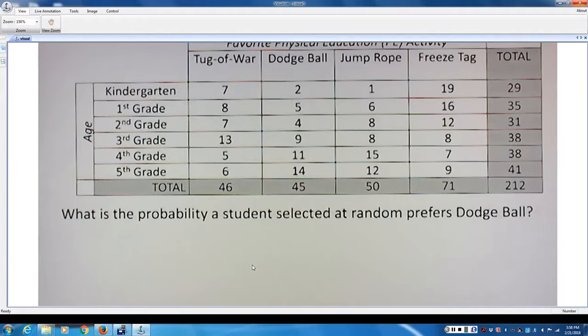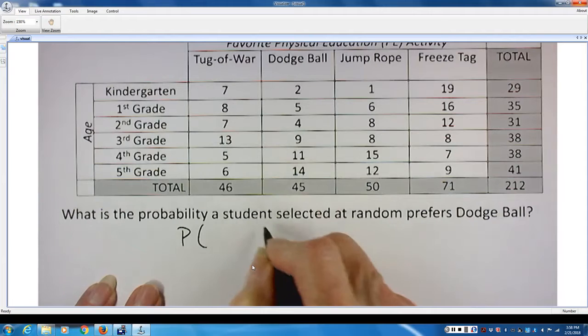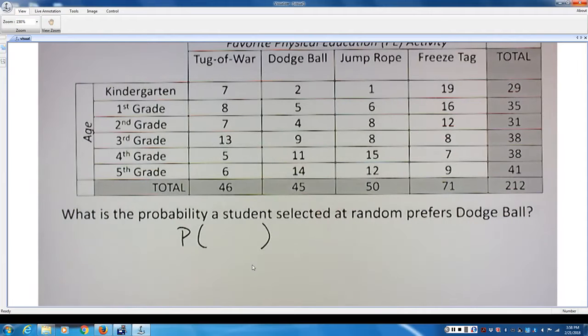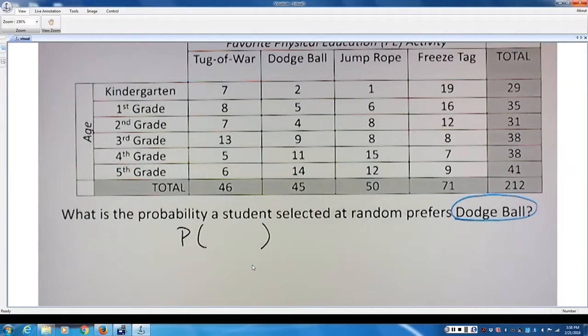What's the probability? That means we're going to write a P statement. That a student selected at random prefers dodgeball. How many kids prefer dodgeball?